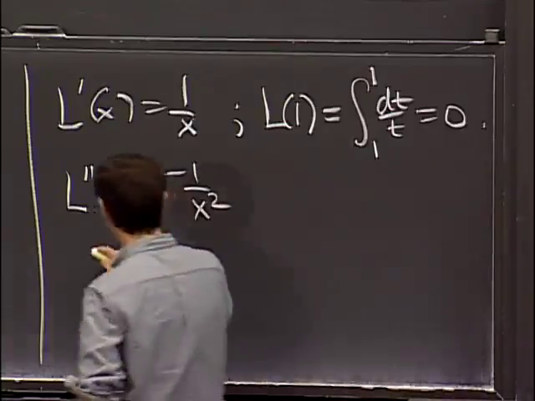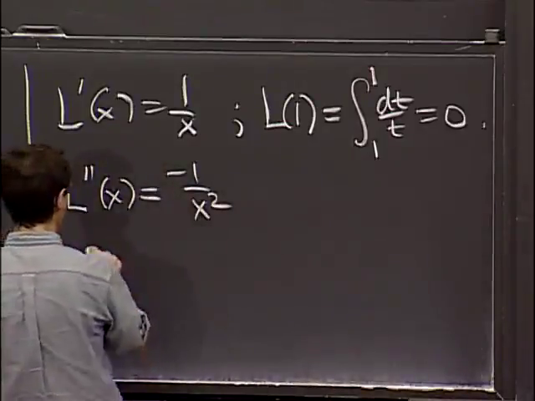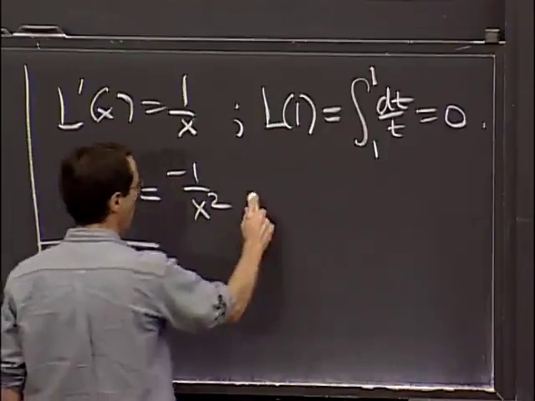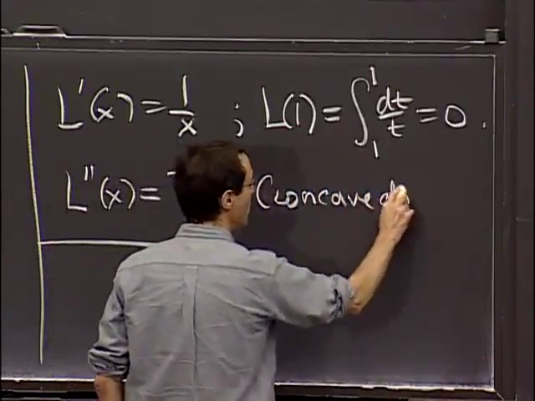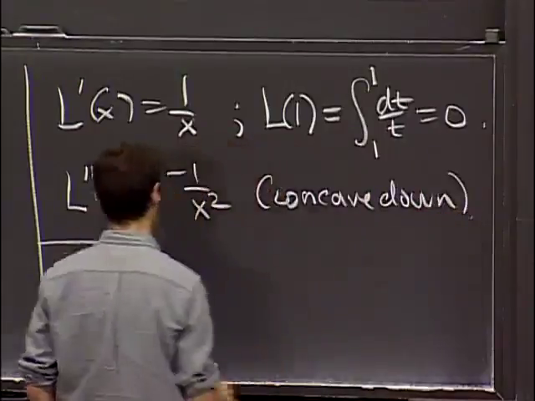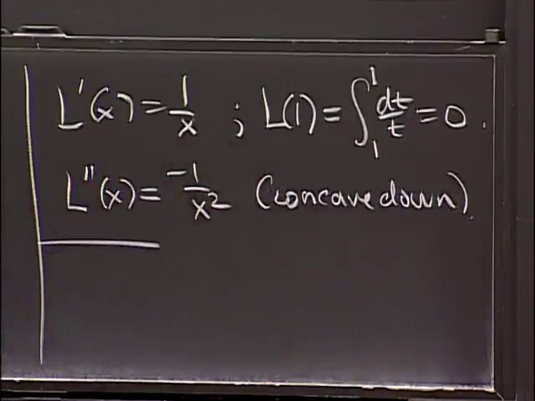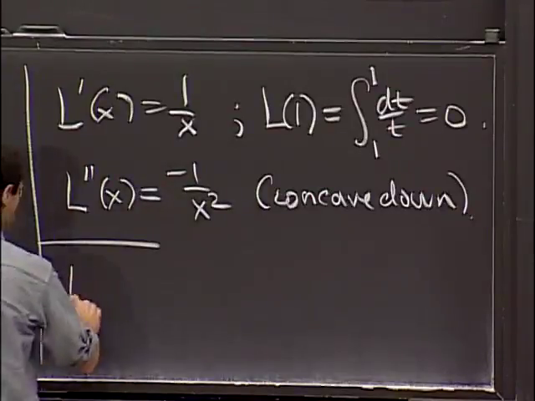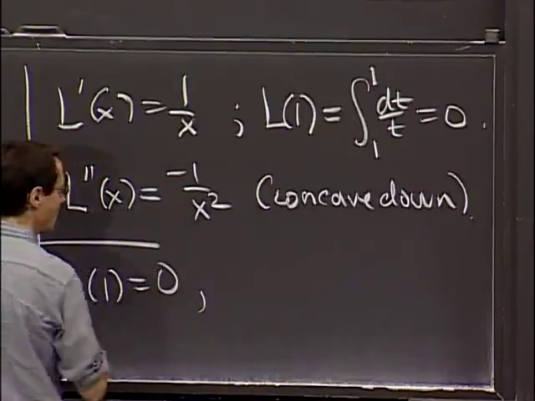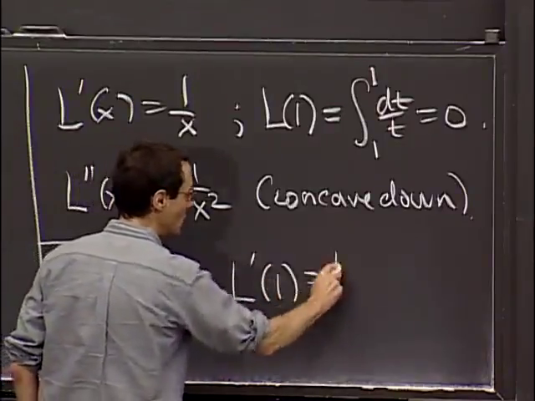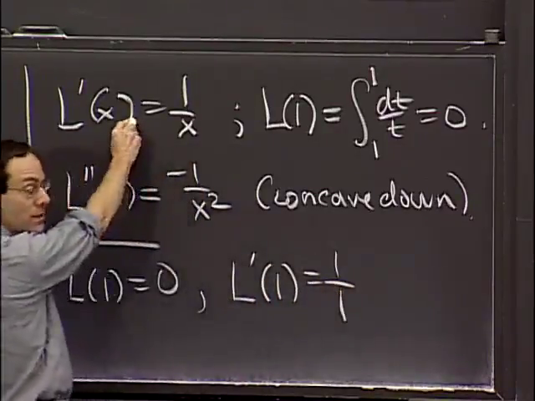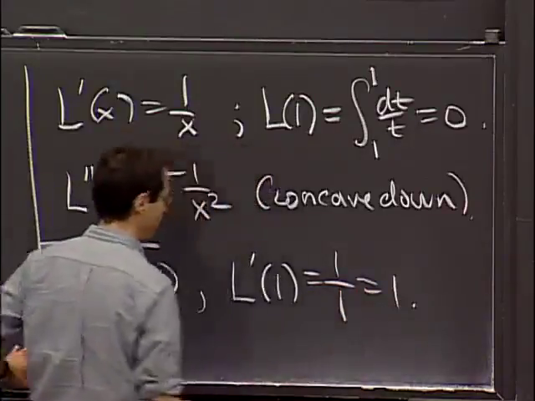And qualitatively, the conclusions that we can draw from this are, first of all, that this thing is concave down every place. All right? And then to get started with the graph, since I have a value here, which is L of 1 is equal to 0, I'm going to throw in the value of the slope. So L prime of 1, which I know is 1 over 1, reading off from this equation here, so that's 1.